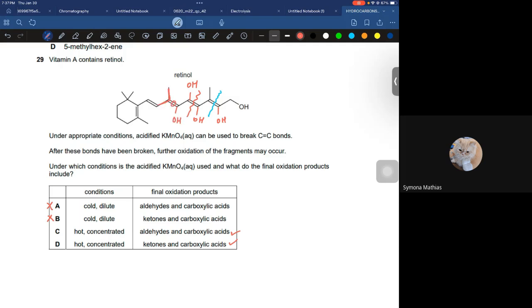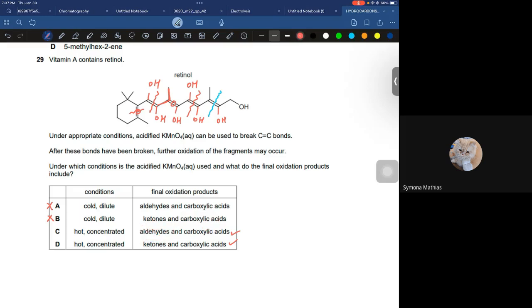You will see ketone. And if you break down this, you will see carboxylic acid, and this would give you ketone again. You know ketone cannot be further oxidized, but aldehyde can be further oxidized, and when aldehyde further oxidizes, it gives carboxylic acid.